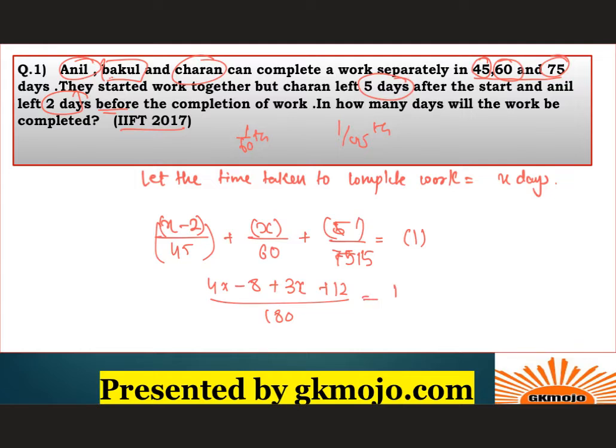So this is equal to 1. When you solve this, you get the value of x as 176 by 7 days, and that is your correct answer. If you want to convert it into a mixed fraction, it would be 25 1 by 7. And this is an actual IIFT 2017 question, guys.